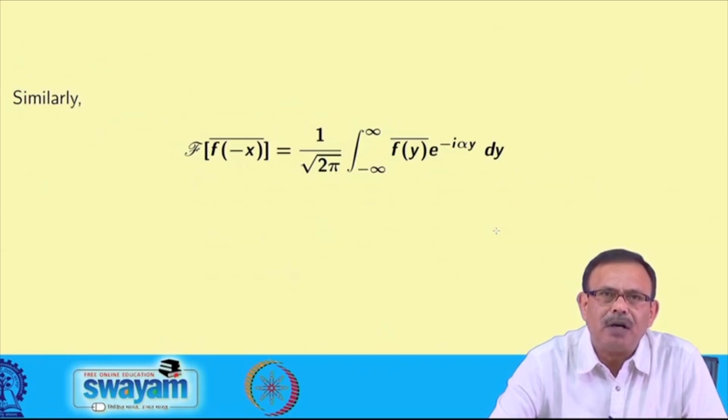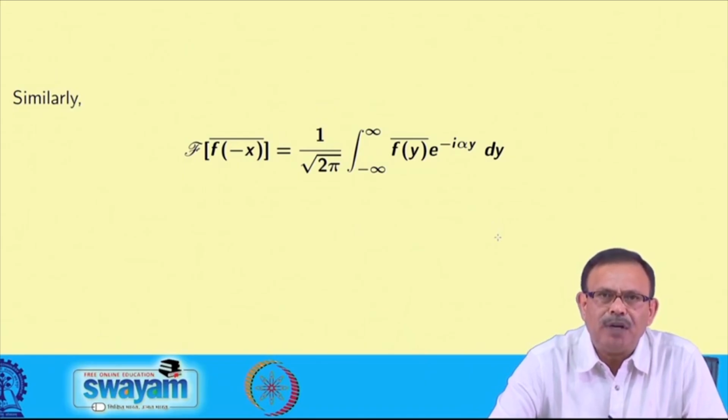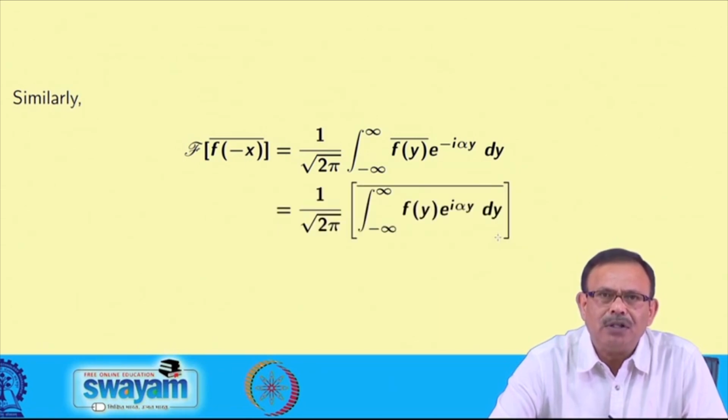Similarly, for the second part, Fourier transform of f of minus x bar, directly I can write down 1 by root 2 pi, integral from minus infinity to infinity, f of y bar e power minus i alpha y into dy, and the bar I can put on the entire integration. So, e power minus i alpha y can be written as e power i alpha y bar, and this integral is nothing but capital F of alpha, and the bar will be there. This completes the proof of the second part also.